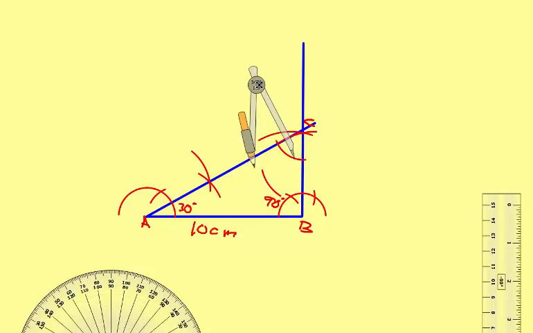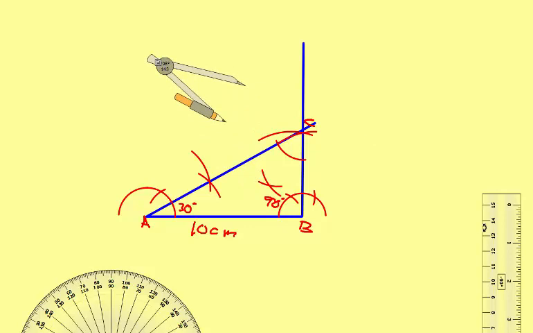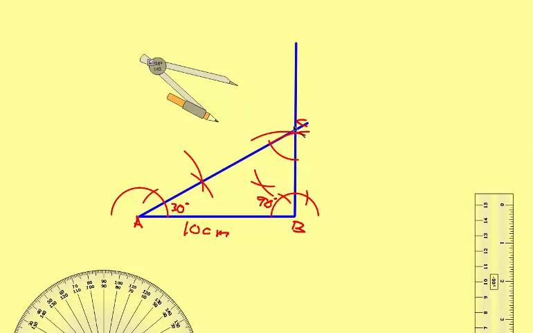Then move to the other point. Let's move to the other point to bisect. Good. So with your ruler, you can pick your ruler and then you draw your line from point C through the point of intersection.